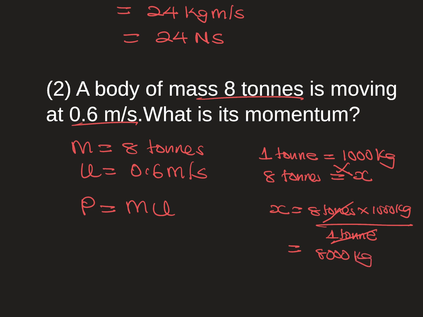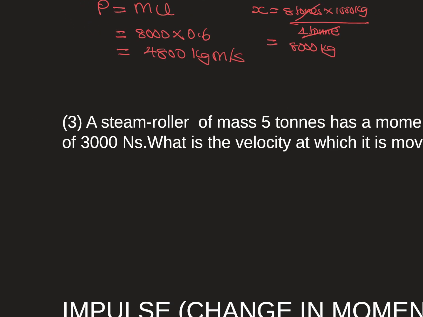So in short, if you have tons and you want to convert it to kilograms, just multiply it by 1,000, right? Okay, so the mass will be 8,000 multiplied by the velocity 0.6. 8,000 multiplied by 0.6, you have 4,800 kilograms meters per second. Okay, we move on.